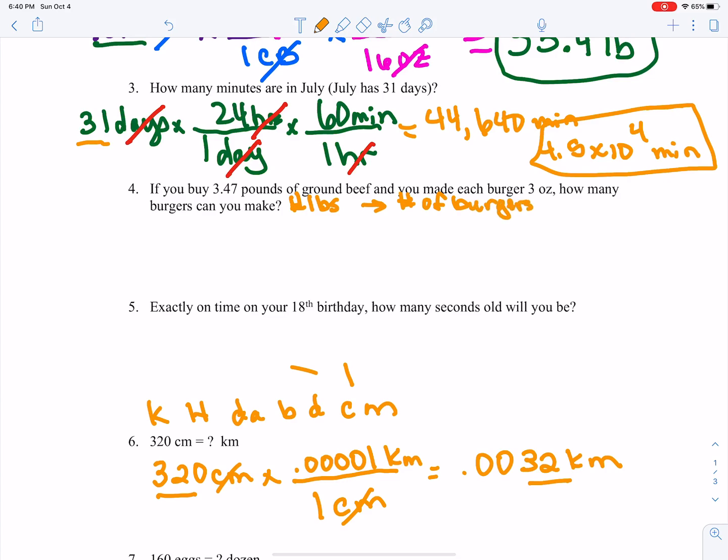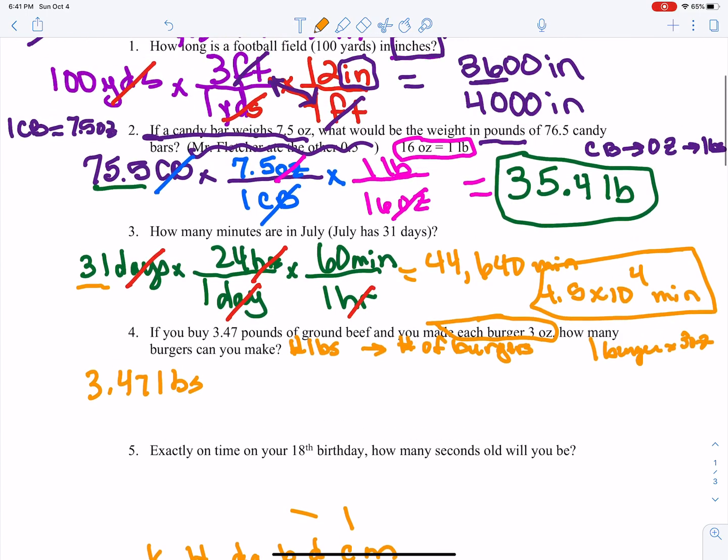We know, according to the problem, each burger is 3 ounces, so 1 burger is equal to 3 ounces. If I have 3.47 pounds, I need to get rid of pounds. So you need to ask yourself, how many ounces are in a pound?